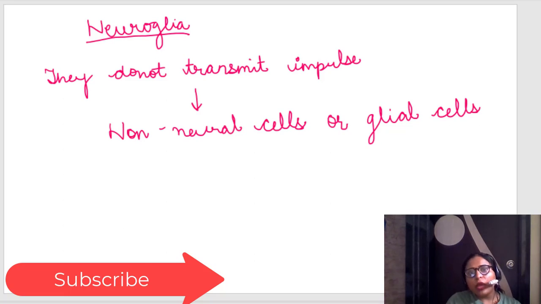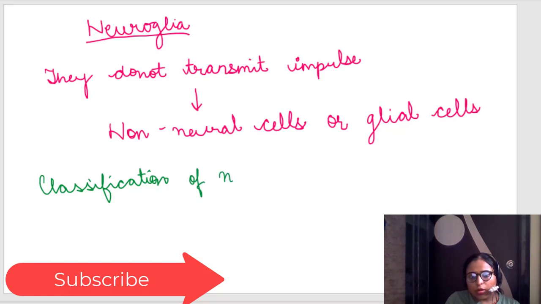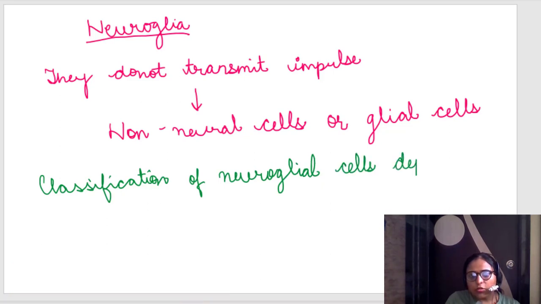Now if we have to classify the neuroglial cells, how would we classify? The classification of neuroglial cells depends upon their distribution, right?